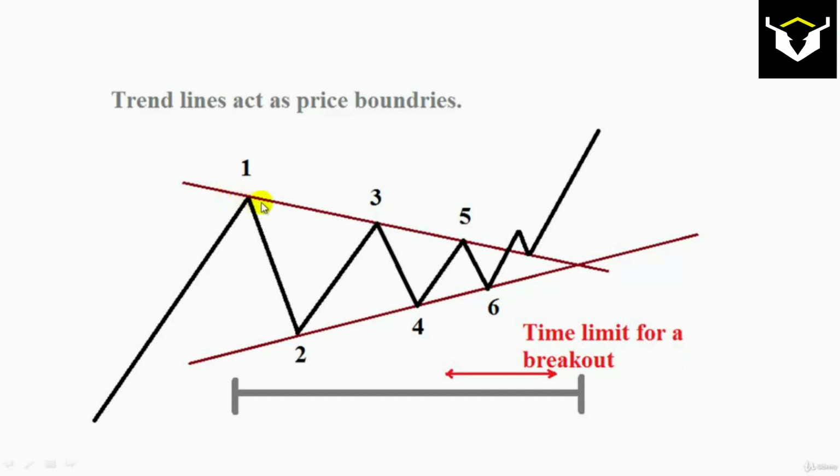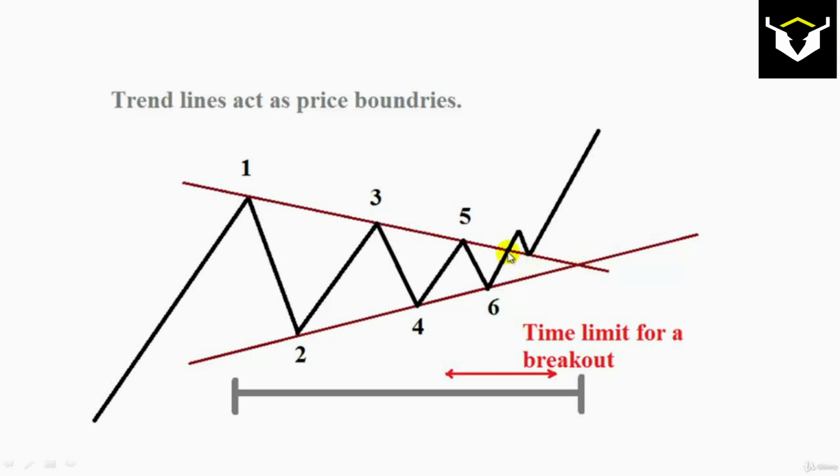A trend line can be drawn from a minimum of 2 points for the upper boundary and a minimum of 2 points for the lower boundary. Once the trend lines are drawn, the place where the trend lines meet is the place where the triangle completes itself.